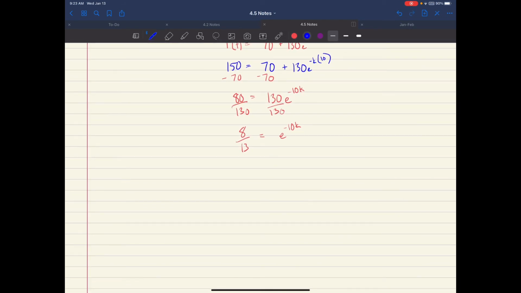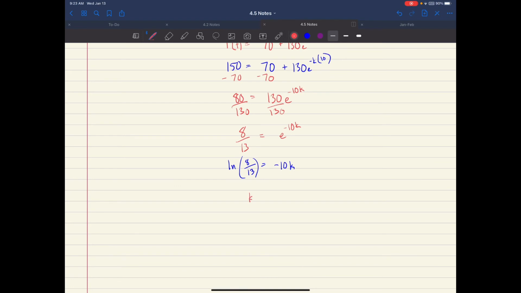So now I'm going to take the natural log of both sides. So the natural log of 8 over 13 equals the natural log. I'm going to shorten this process. So I'm going to bring the 10k down now. And this is the natural log of e. And since the natural log of e is equal to 1, I'll just get rid of it. So I don't have to write that again. And then divide.